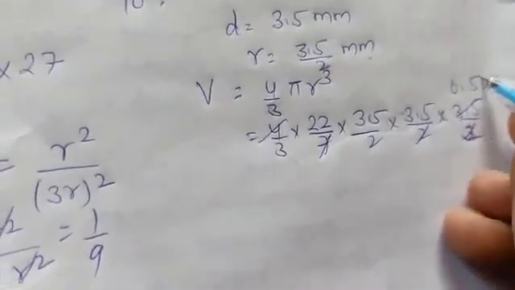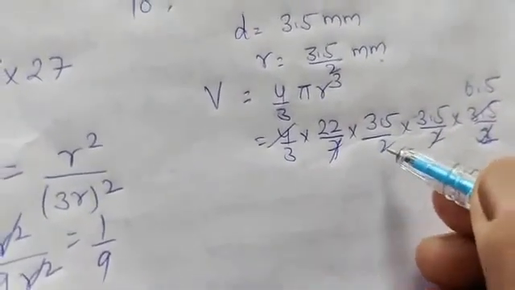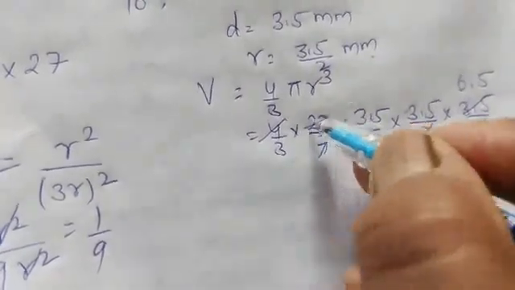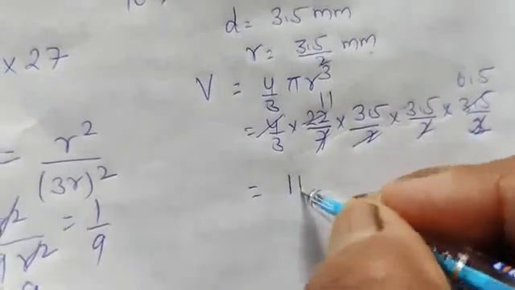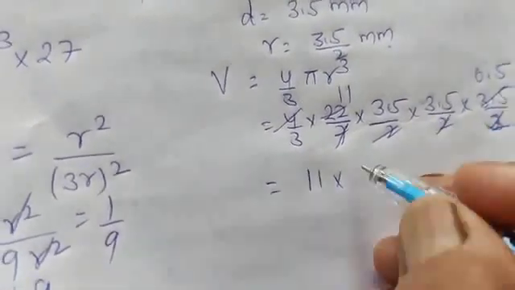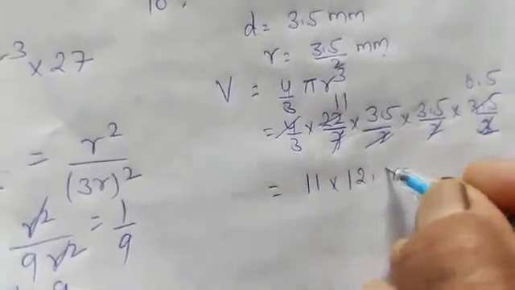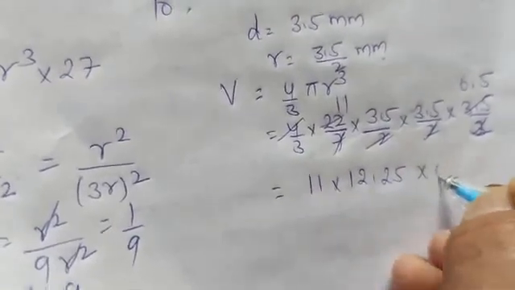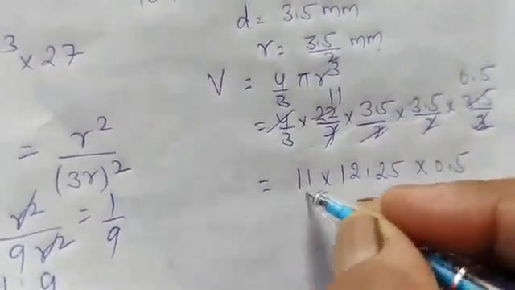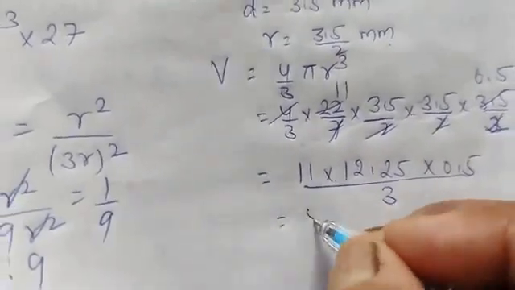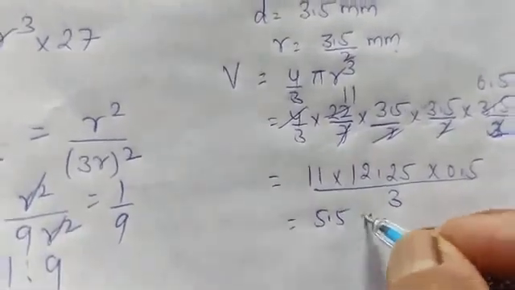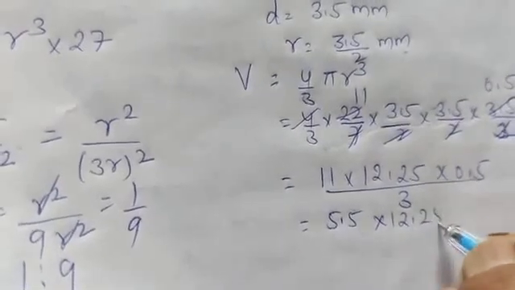Again 2, 11. The remainder is 11 into 3.5 into 3.5, which is 12.25, into 0.5 by 3. 11 5s are 55, that is 5.5 into 12.25 by 3.